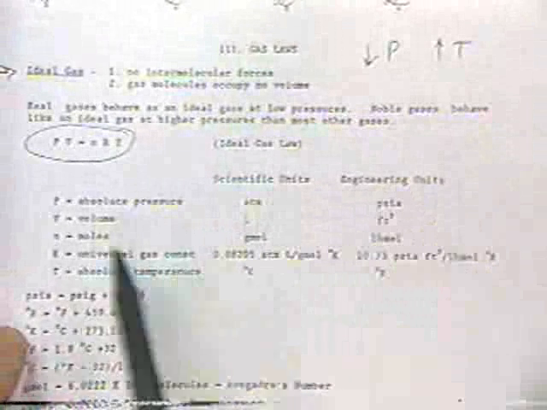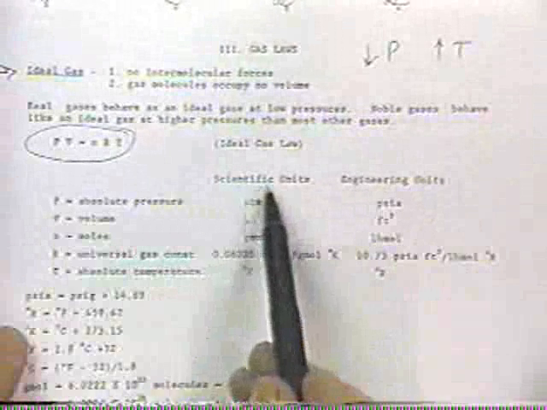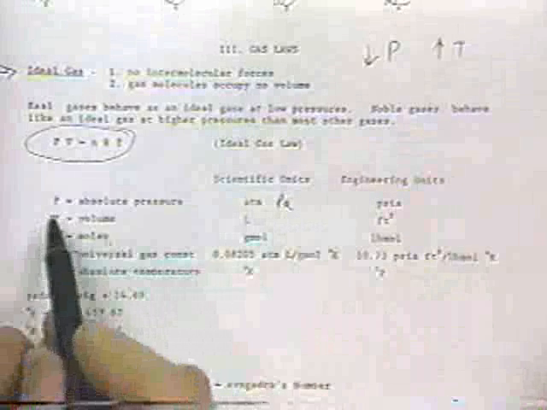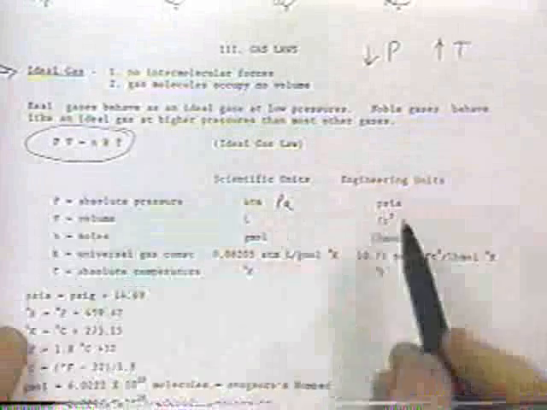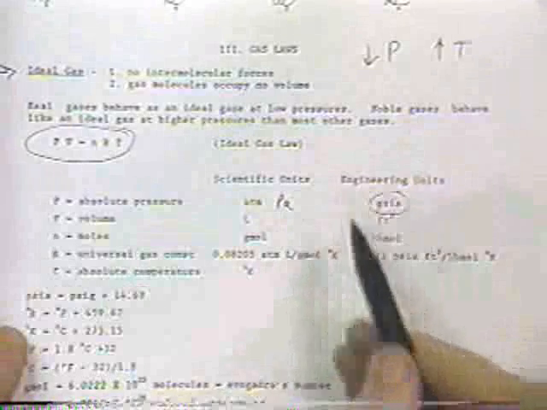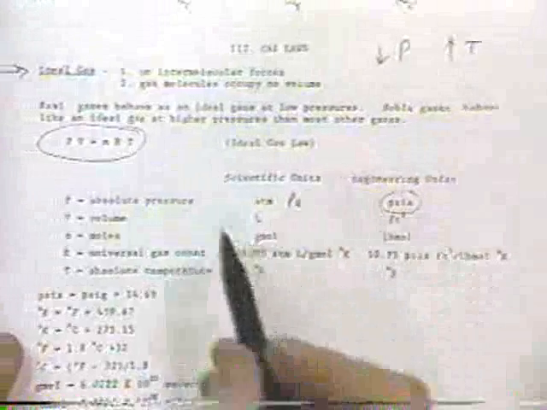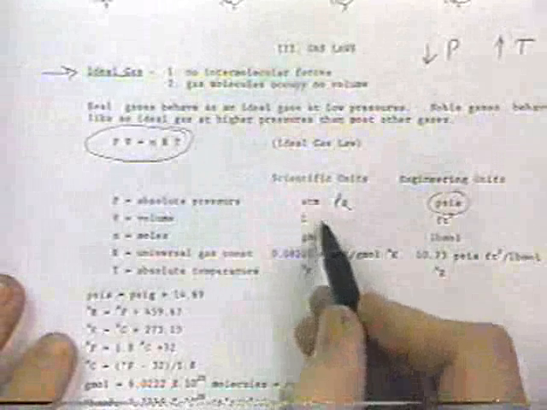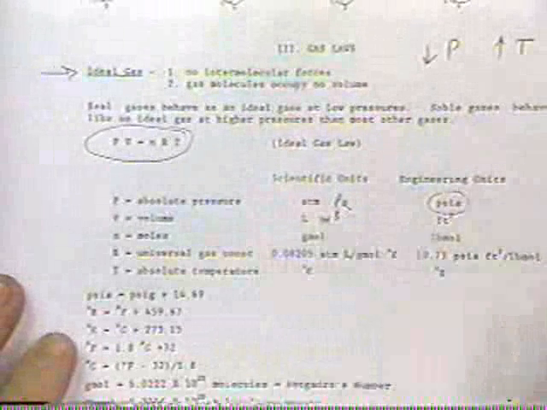And there are 2 types of systems that typically are used, scientific units or engineering units. In the scientific units, likely pressure or pascals would be used as a unit for pressure. And in the engineering system, PSI would tend to be used. In scientific units for volume, we would tend to have a liter or perhaps a cubic meter.